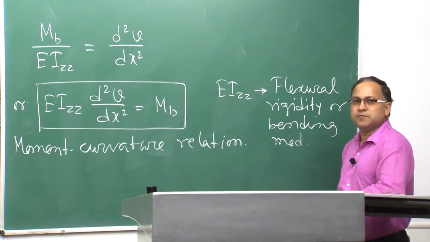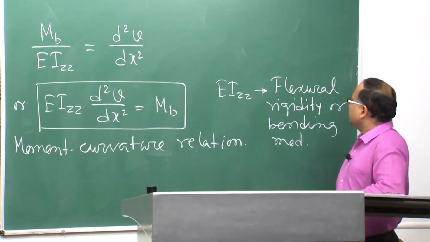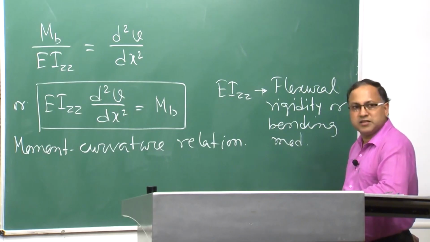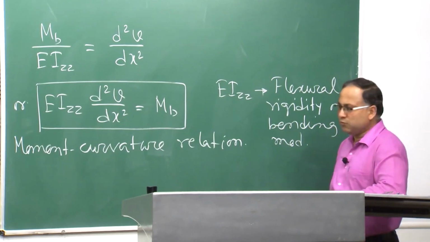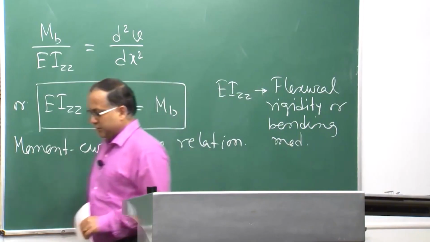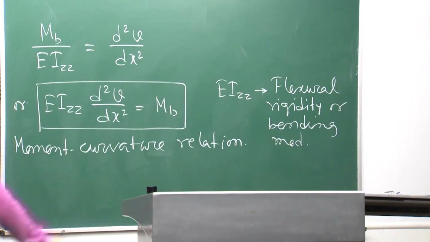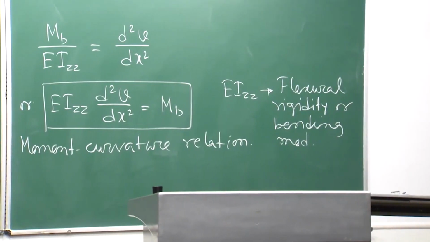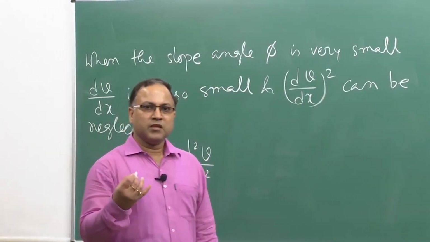This is known as flexural rigidity in mechanics, or bending modulus in some books. You can calculate it from the material property and the cross section of the beam.